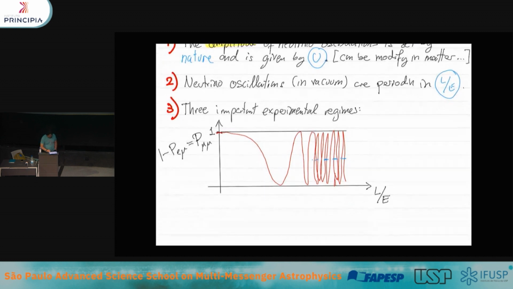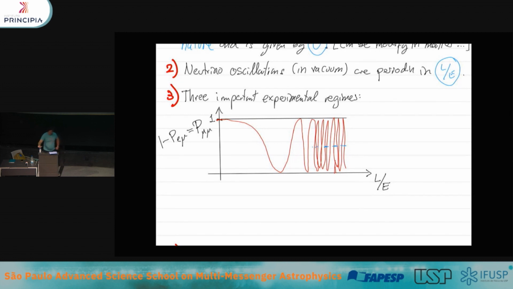And then the third important point is that there are 3 important experimental regimes. The 3 regimes are schematically shown in this diagram here. Remember that you have a formula that looks like sine squared of delta m squared L over 4E, and then there is a coefficient in front of it. Right?